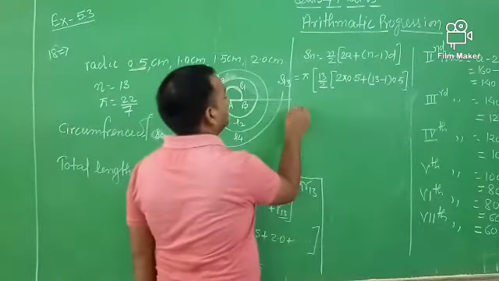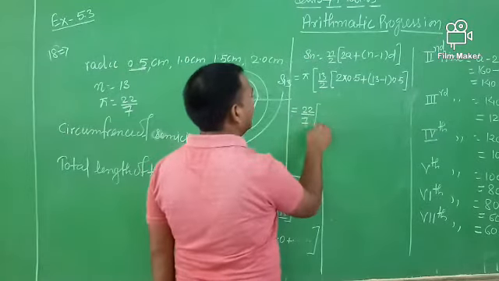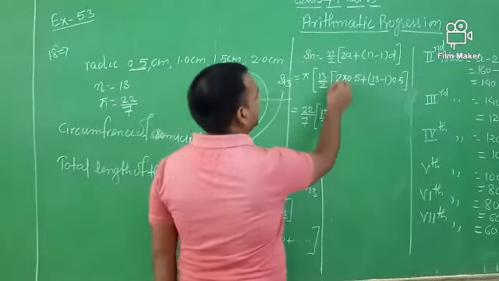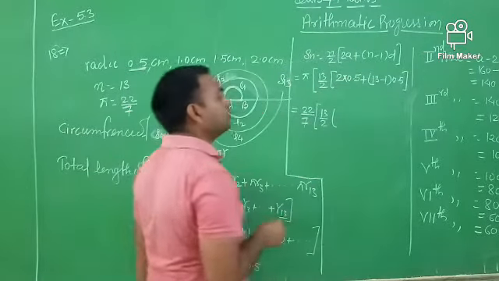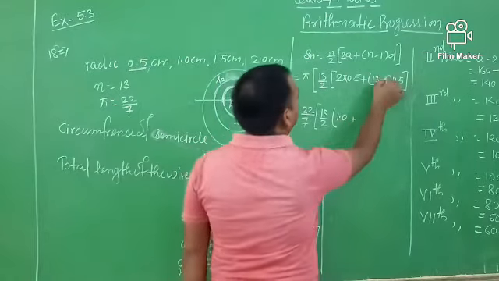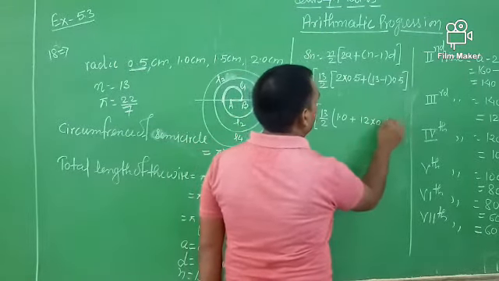You put in the value of pi, which is 22/7. Next, 13 by 2 times the bracket 2 into 0.5, which is 1.0, plus 13 minus 1, which is 12, into 0.5.